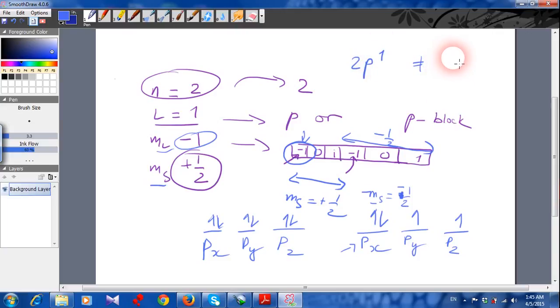It's different from 2p4: with 2p4 we have n is 2, l is 1, and ml is also negative 1, but it has ms negative 1/2.